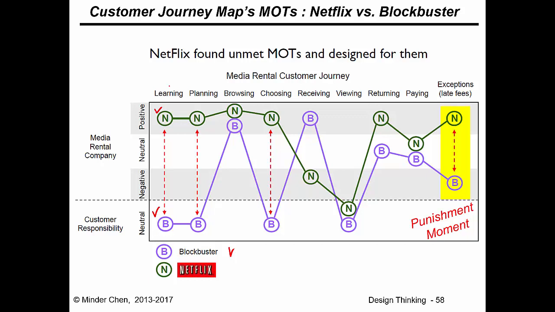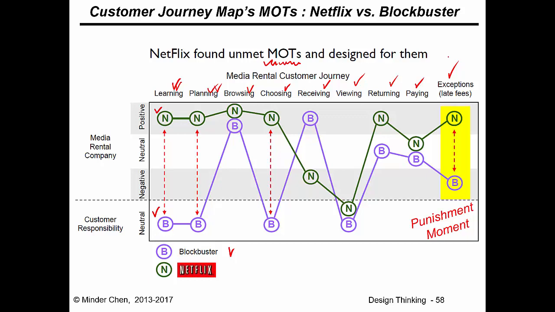Through the customer journey, we identified so-called moments of truth, which is a critical event or stage when the user is interacting with the service provider: learning about the movie, planning what they want to borrow, browsing the movie titles, choosing the right title, receiving the movie, viewing the movie, returning the DVD, and paying for it, and some exceptions such as forgetting to return the movie and being charged a late fee.